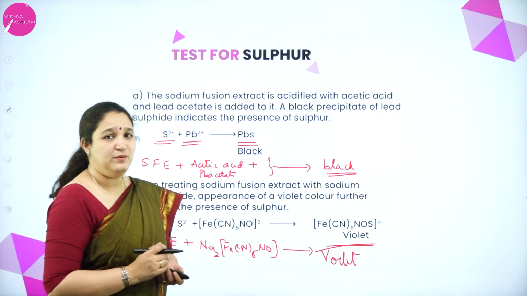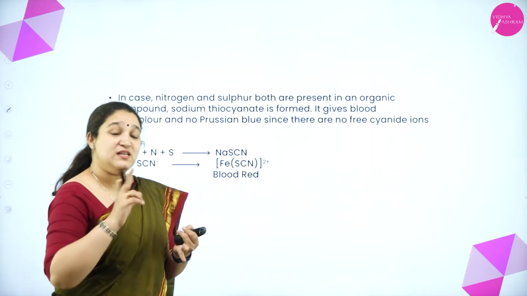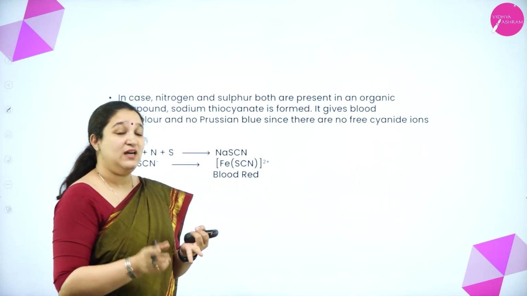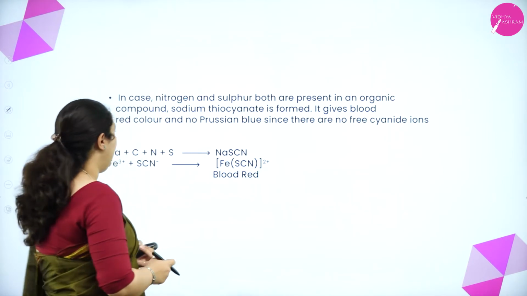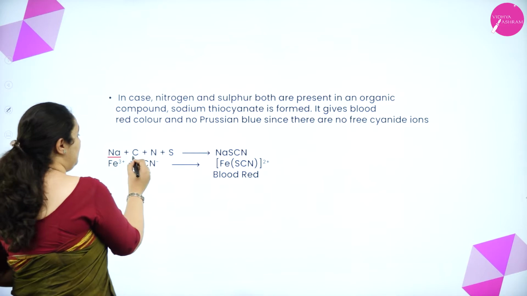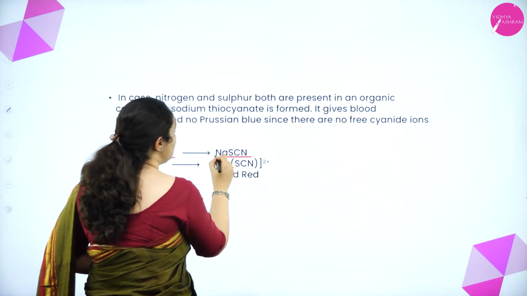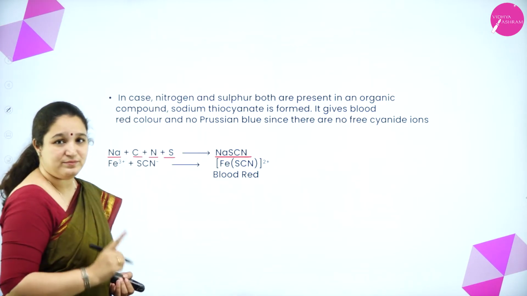Now, for example, in my organic compound, nitrogen is also present, sulfur is also present. Then the sodium metal with carbon, nitrogen and sulfur can form sodium thiocyanate, NaSCN.